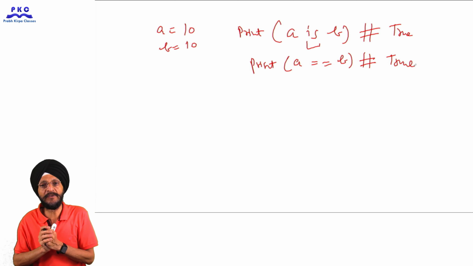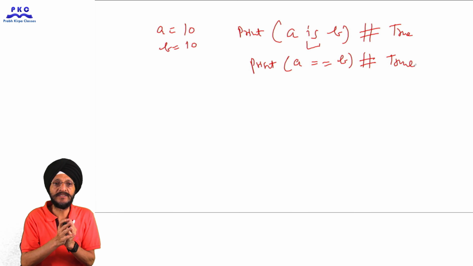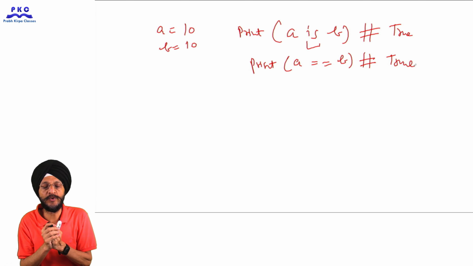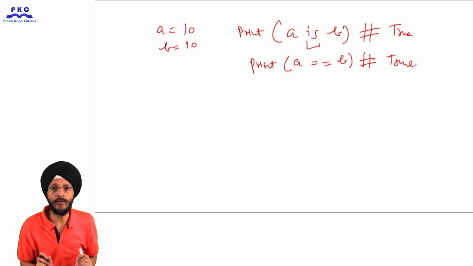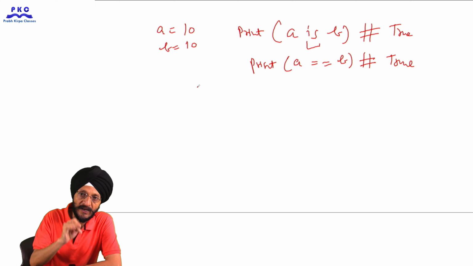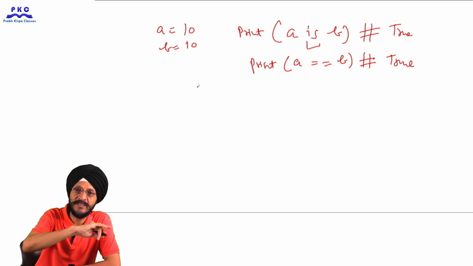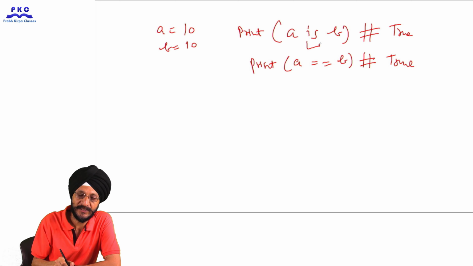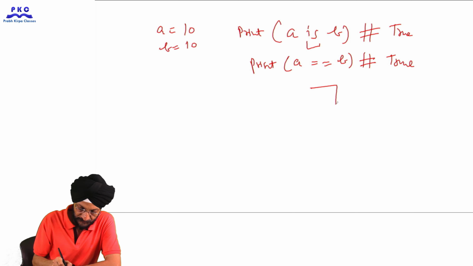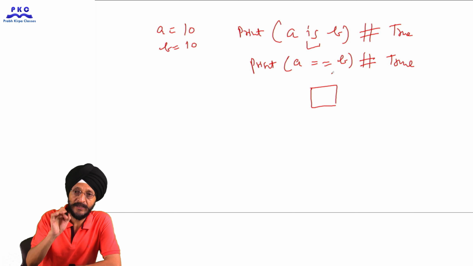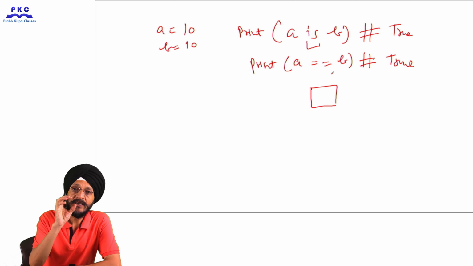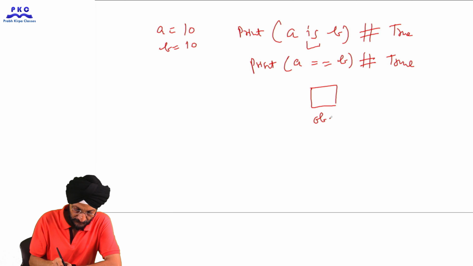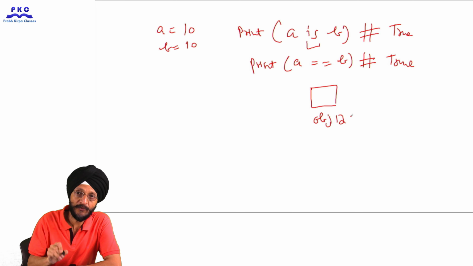So what is the difference between the two? In both cases the equality operator is giving the result as true, and the identity operator is also true, but the working of the identity operator and the equality operator is different. The identity operator is comparing the object ID of two variables.